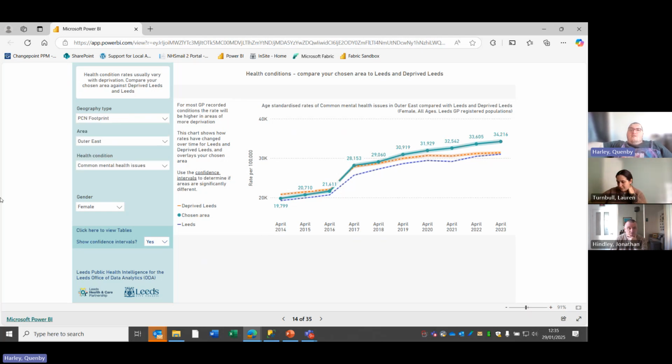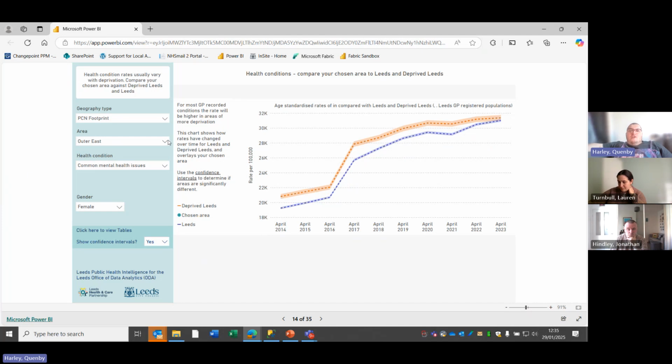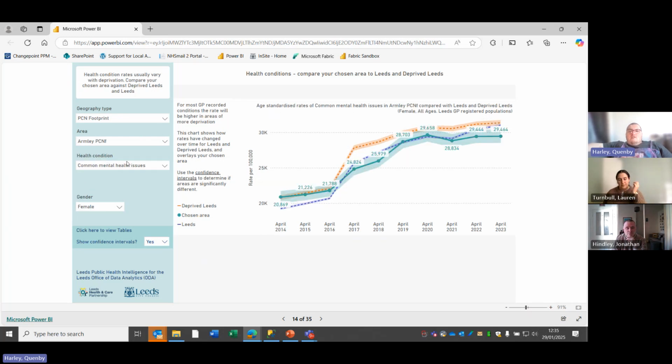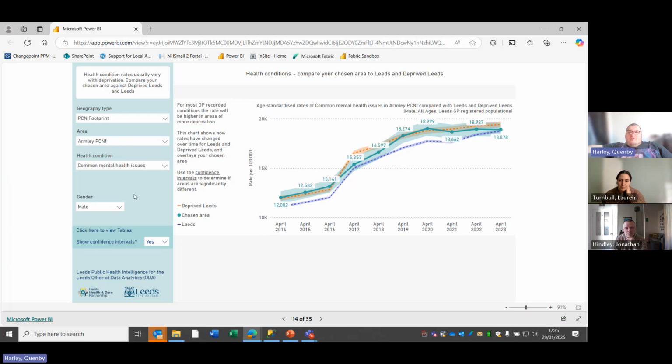Let's say I want to have a look at PCN footprint, and then I can go through and select. Let's have a look at Armley. Gender is currently set as female. I'm going to have a look at male actually and see if that's a different picture. And all of that together, and then I can select whether I want to see the confidence intervals or not. That's more personal preference than anything.